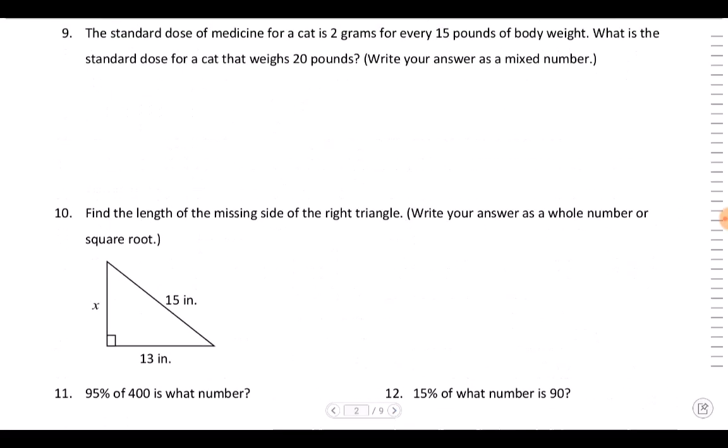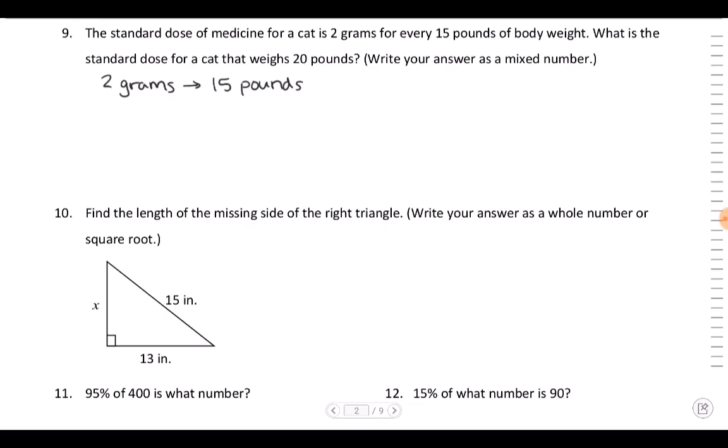Question number 9. The standard dose of medicine for a cat is 2 grams for every 15 pounds of body weight. What is the standard dose for a cat that weighs 20 pounds? Write your answer as a mixed number. Okay, so a dose of medicine for a cat is 2 grams for every 15 pounds. So 2 grams for 15 pounds. Okay.